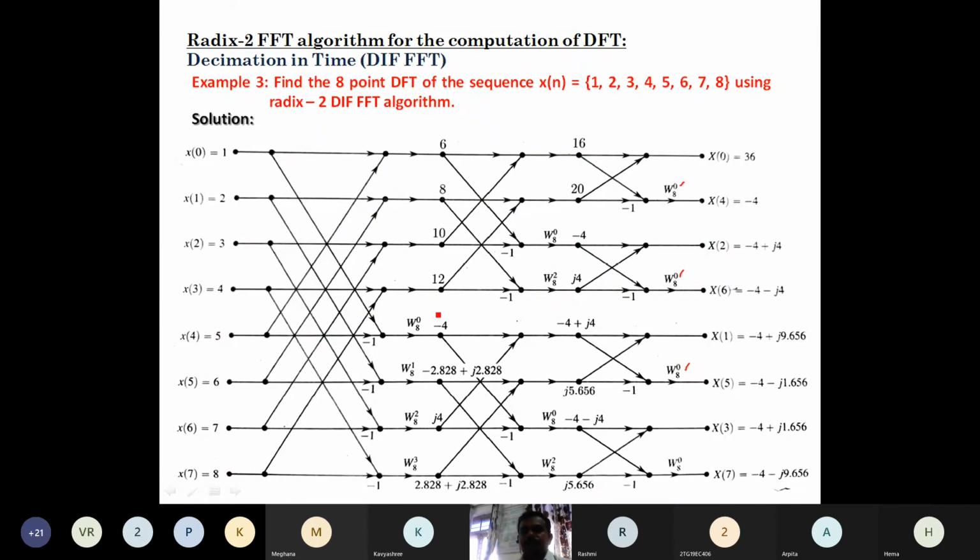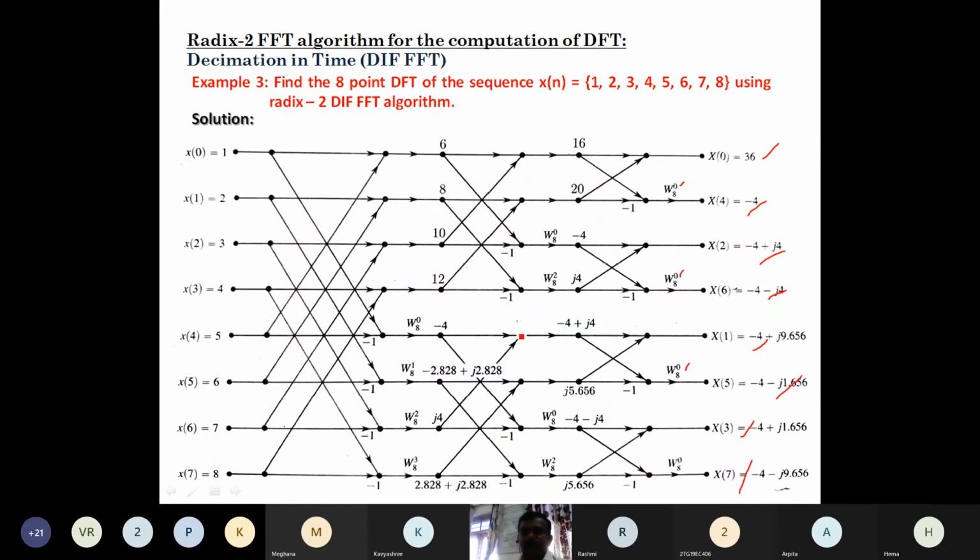Clear? So by performing all the calculations, the result is X0 is 36, X1 is minus 4 plus j 9.6, X2 is minus 4 plus 4j, X3 is minus 4 plus j 1.6, and X4 is minus 4, X5 is minus 4 minus j 1.6, then X6 is minus 4 minus 4j, and X7 is minus 4 minus j 9.6.